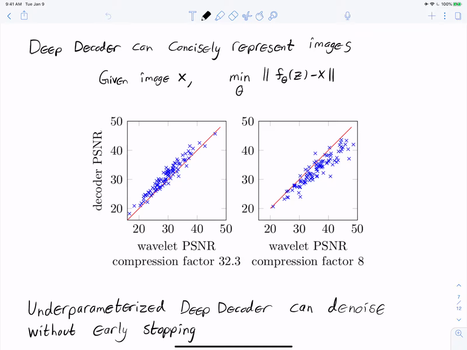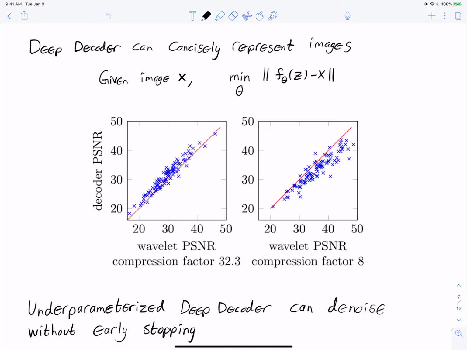Now what's somewhat surprising is that the deep decoder can actually outperform wavelet thresholding at representing natural images in the case of severe compression. So what's being plotted here, each x corresponds to an image in the ImageNet dataset, and the image was represented as a sum of wavelets, but only 1 over 32.3 of the wavelet count was kept, and then the image was reconstructed.